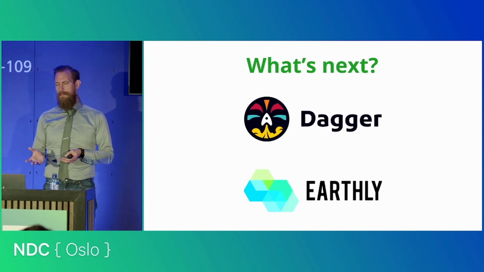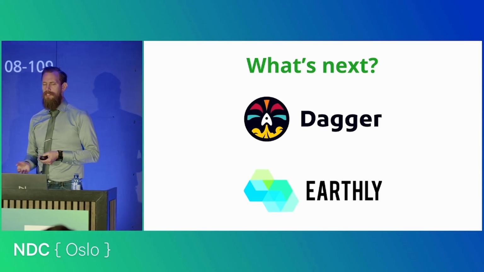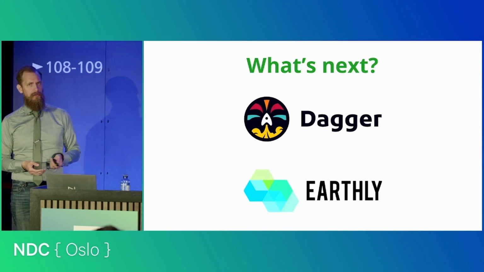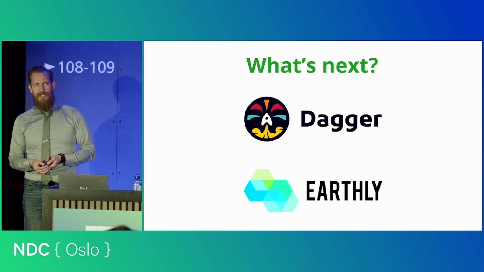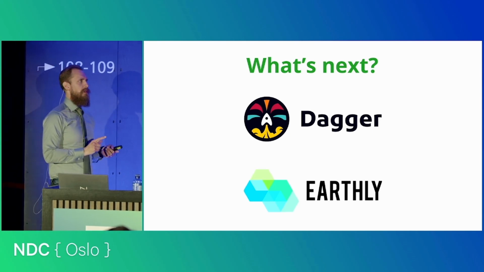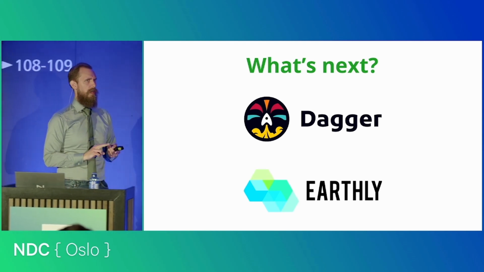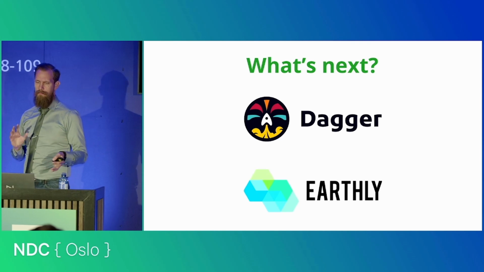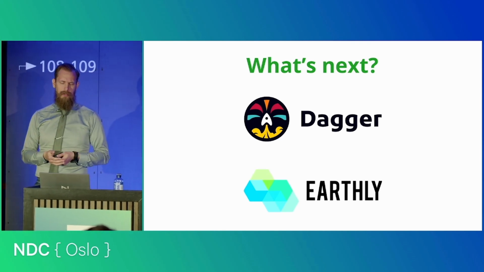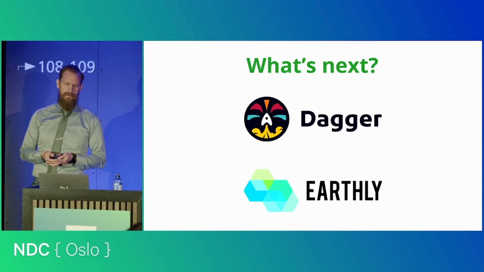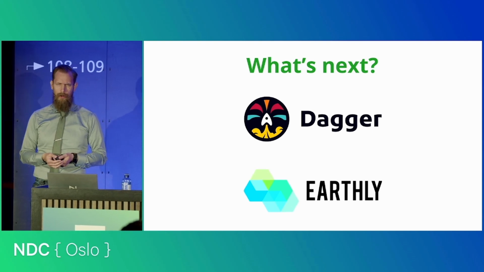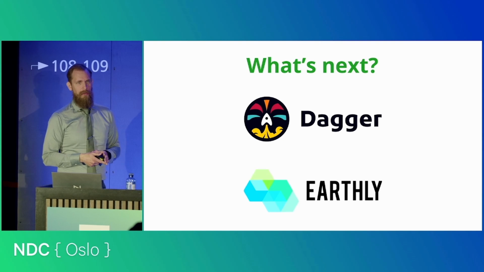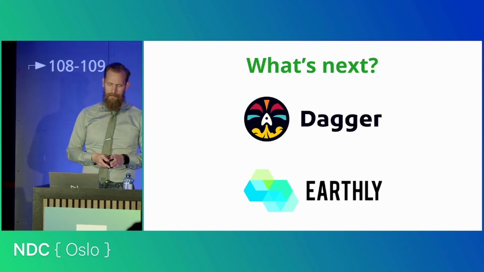The main difference between them is that Dagger is using programming languages. So it's an SDK for, last time I checked, JavaScript, Python, Java, and I think Go. And Earthly is using their own markup language, or it's probably a DSL, which they call Earthfiles, which is a mashup of Makefiles and Dockerfiles, which is nearly as horrible as it sounds.